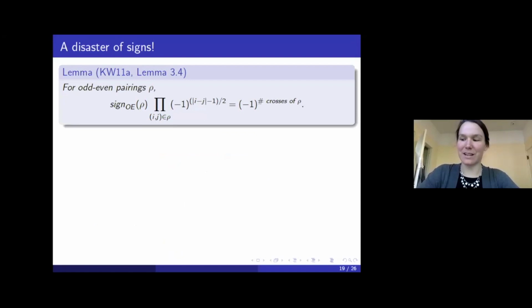Here's an example of a lemma from Kenyon and Wilson's paper that ends up being pretty important. It says that whenever you have an odd-even pairing, the odd-even sign of that pairing, which I'll define in a second, times the product over all pairs in that pairing of this quantity, -1 to the absolute value of i minus j minus 1 over 2, which you should think of as the sign of a pair, is equal to -1 to the number of crosses in that pairing.